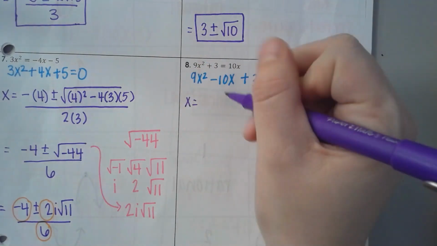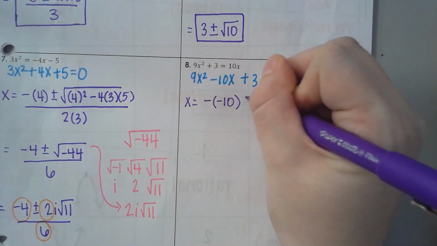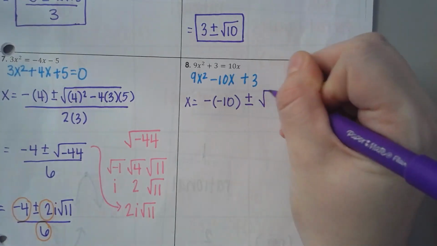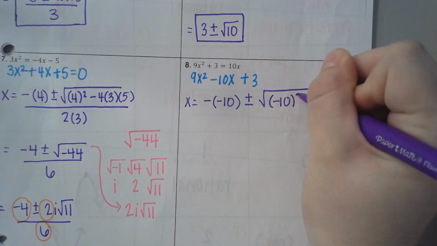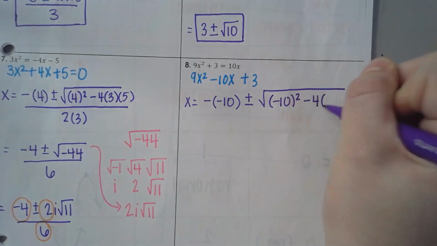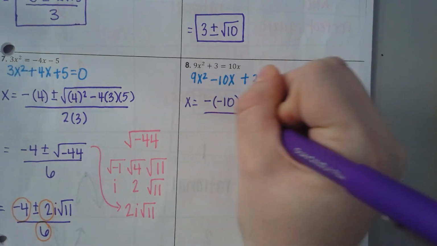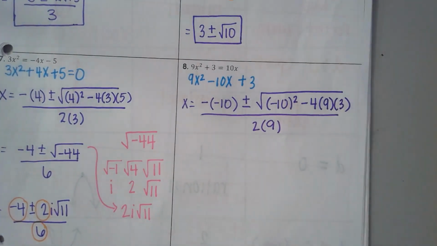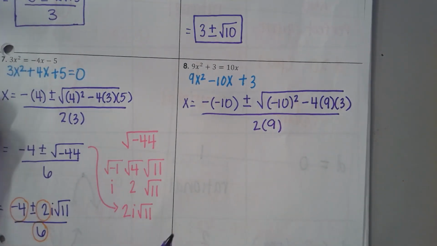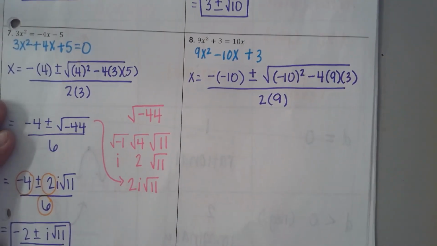So we have x equals negative b plus or minus the square root of b squared minus 4ac all over 2a. You've got to make sure that you put the right numbers into your formula. Make sure you're looking at your formula really good.